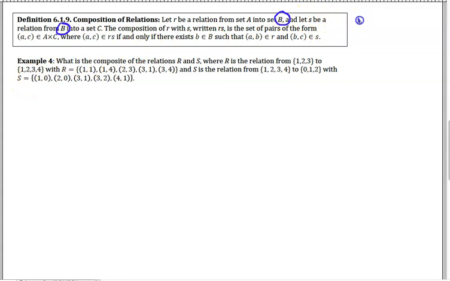So the notation we're going to see is R composed with S like this. This is the same thing as S of R, or S of R(x) if you're thinking in terms of functions. Okay, so we're not talking about functions yet. We're just talking about general relations.